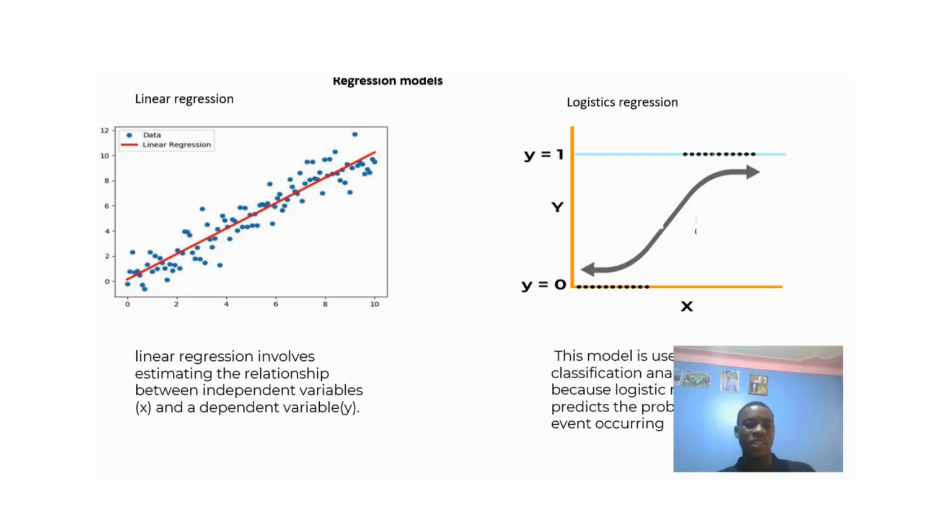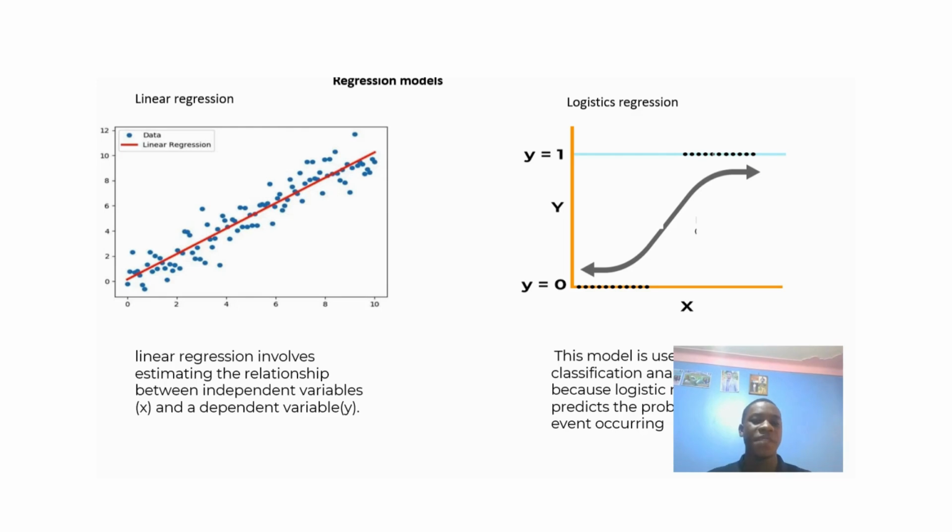Remember, the entire idea is: is the model able to predict from a certain given data set? With regression models, there are many, but the major ones are linear and logistic regression.